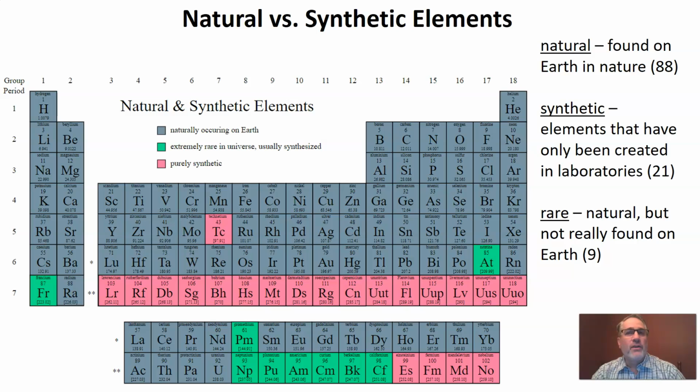So they are not very stable. In other words, they don't last very long. They disintegrate into something else. So for me, I have trouble actually even counting these synthetic elements as elements when I'm thinking about them. But we do have both natural and synthetic elements. So keep that in mind, please.